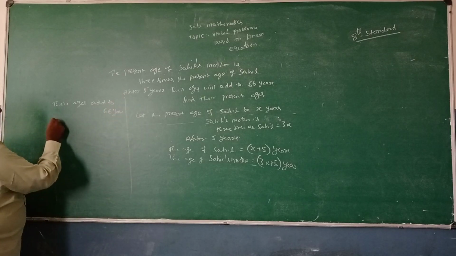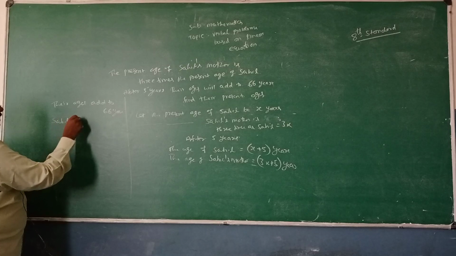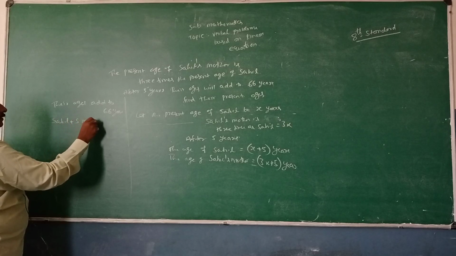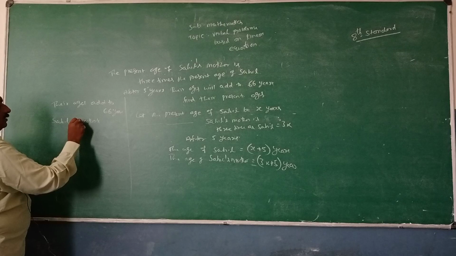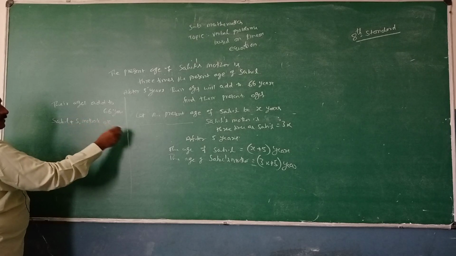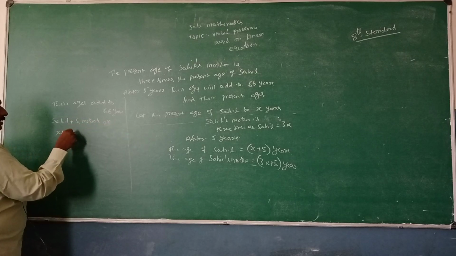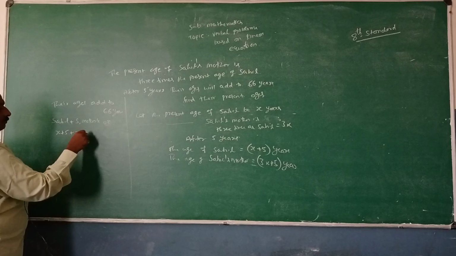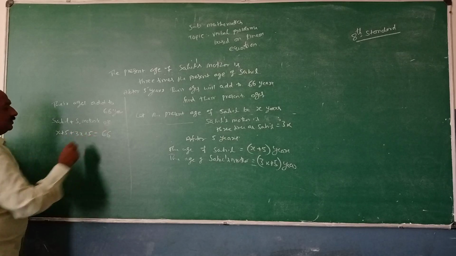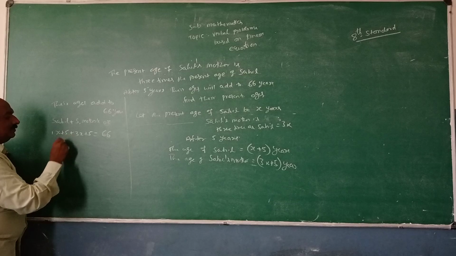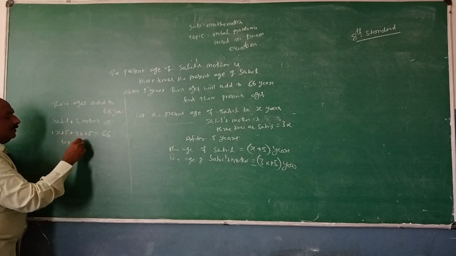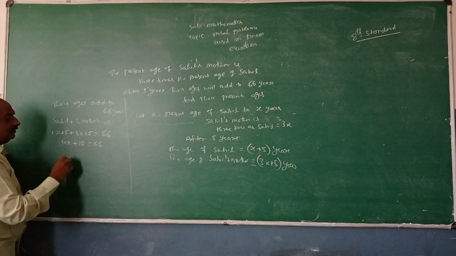That is Sahil's age plus Sahil's mother's age: x plus 5 plus 3x plus 5 is equal to 66. 1x plus 3x is 4x, 5 plus 5 is 10, is equal to 66.